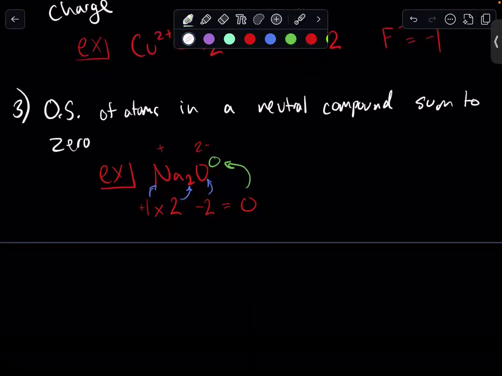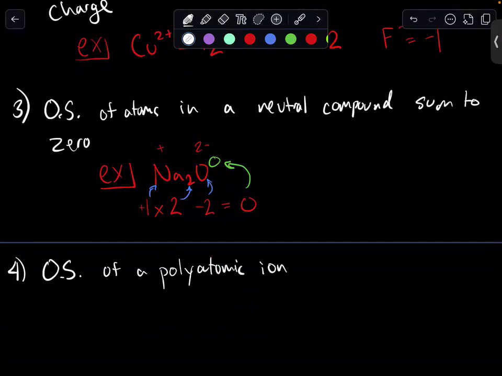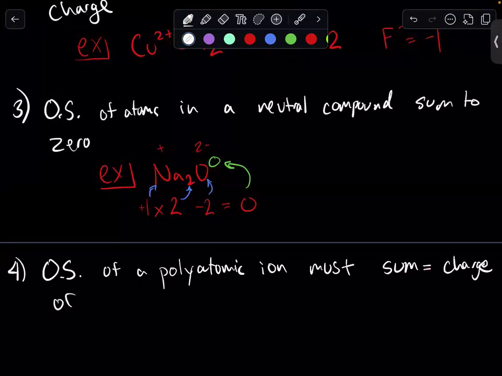So then what if your compound is not neutral? Well, that happens when we have polyatomic ions. So the oxidation states of a polyatomic ion must sum to equal the charge of the ion.